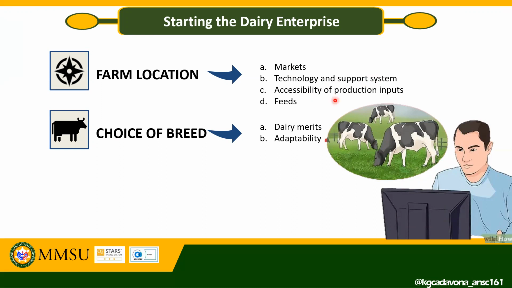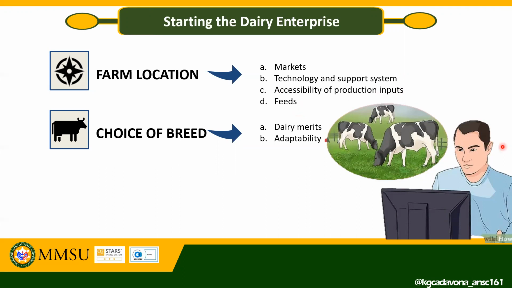Then the third one is accessibility of production inputs. So it doesn't mean that if you have a grazing land, it's okay already. You still need concentrate feeds or veterinary drugs. So these are what is described here as production inputs. Then lastly are the feeds.